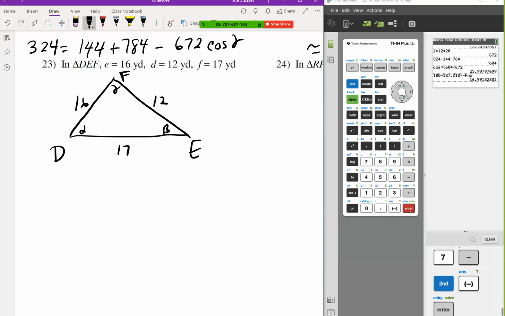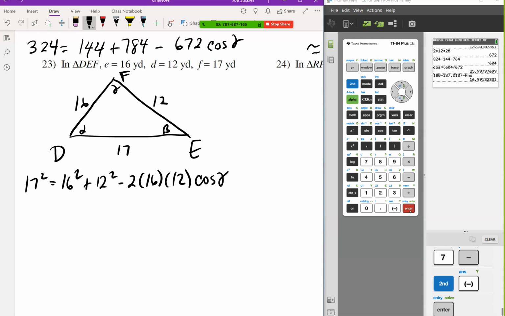All right, so same idea. Let's find the biggest angle first. The biggest angle here happens to be across from gamma. So we'll do 17 squared is 16 squared plus 12 squared minus 2 times 16 times 12 times the cosine of gamma.